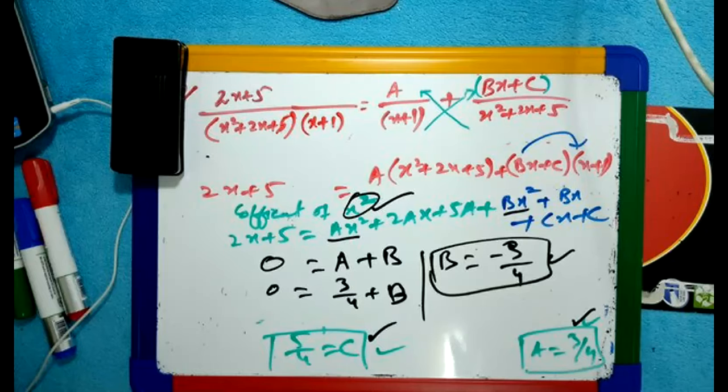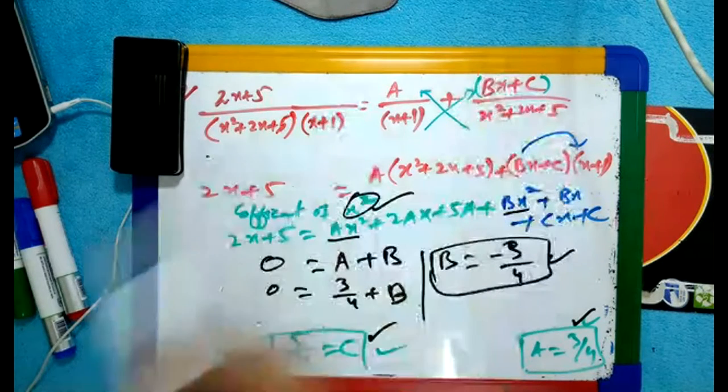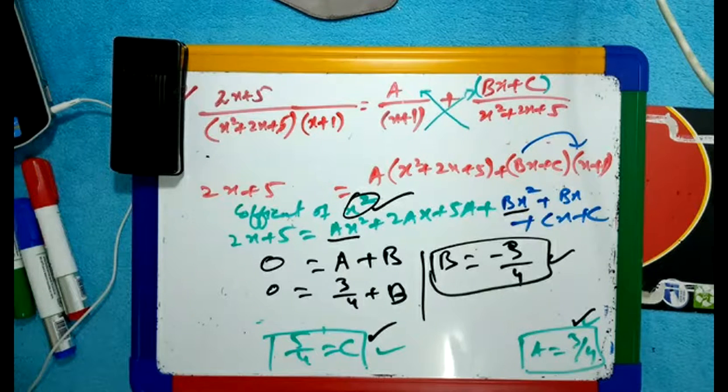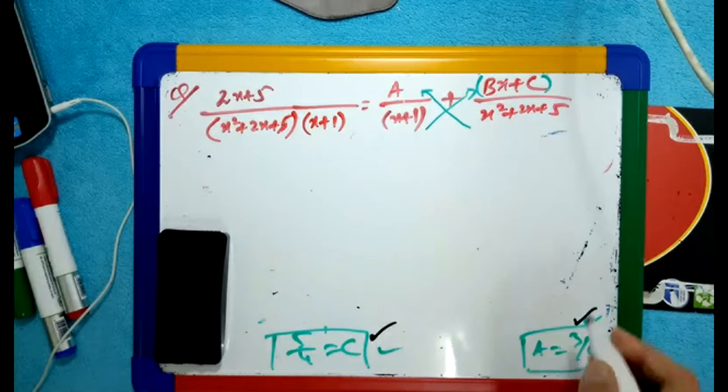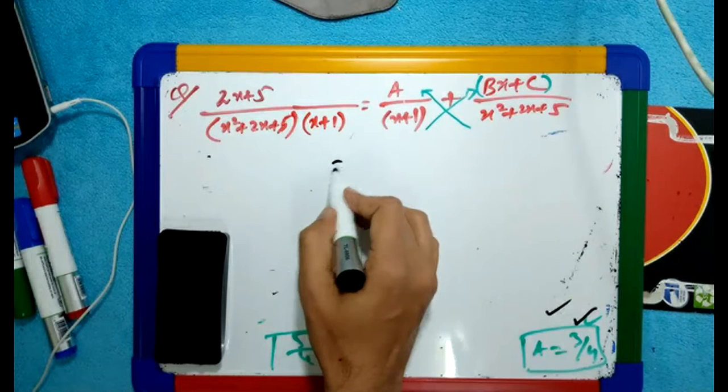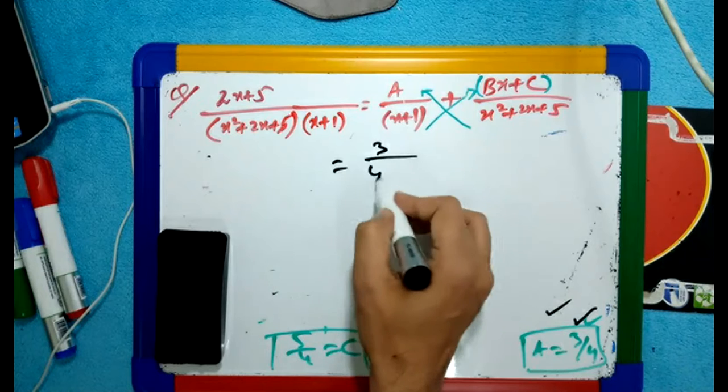So now you have calculated A, B, C. Now almost your question is done, right? Now you only need to substitute back into the beginning. After substitution, it will be: a is 3 over 4, so 3 over 4 of x plus 1.